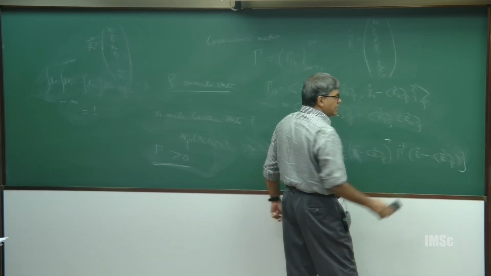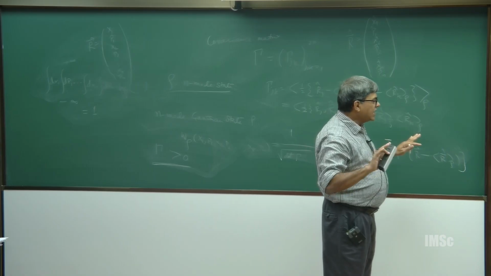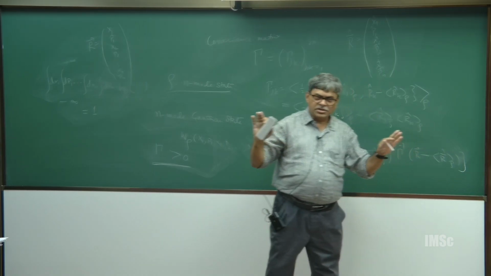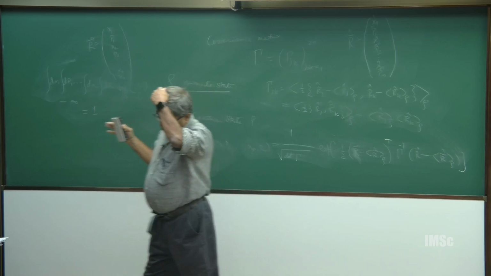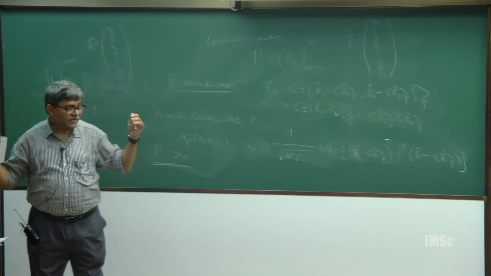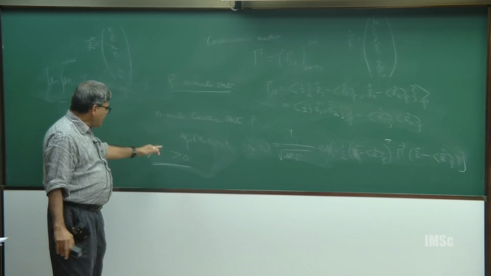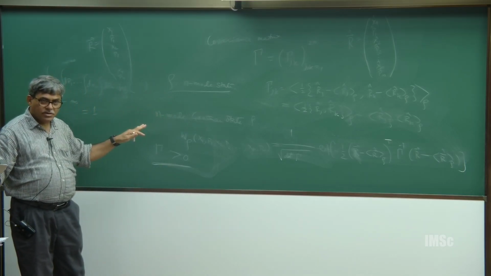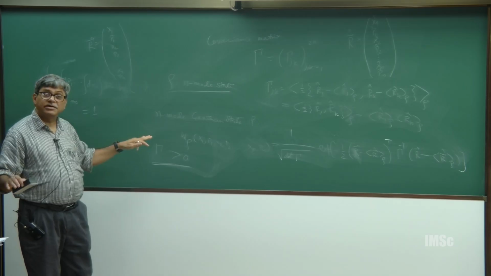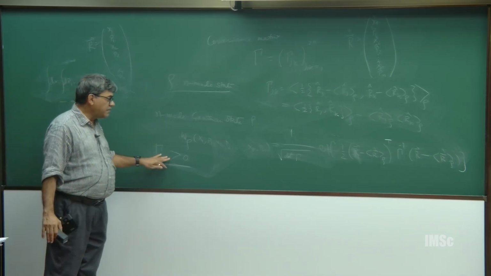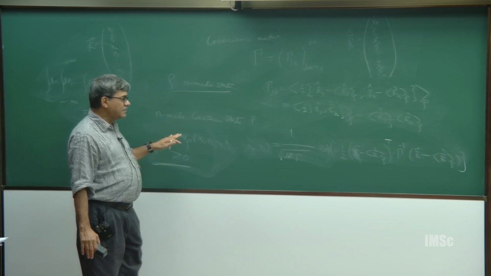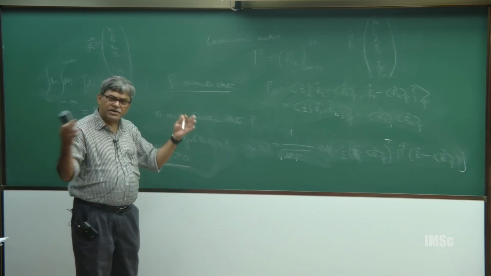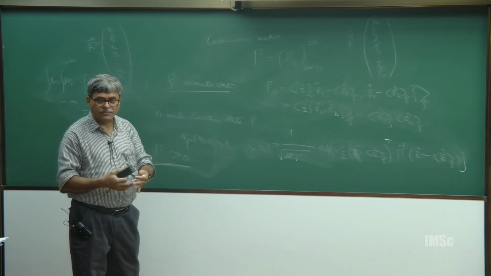So, as I said, for a classical probability distribution, n mode classical, that means a 2n dimensional phase space, there positivity of gamma is enough. In fact, if I provide you this positive definite real symmetric gamma, then of course you can figure out a corresponding probability distribution for that.